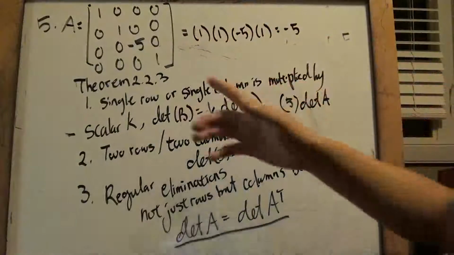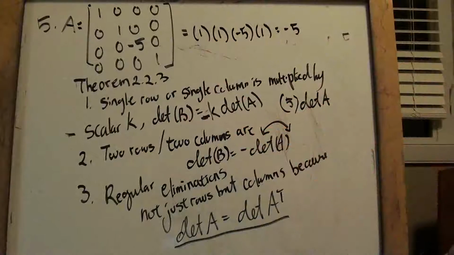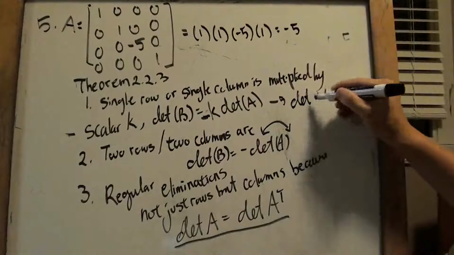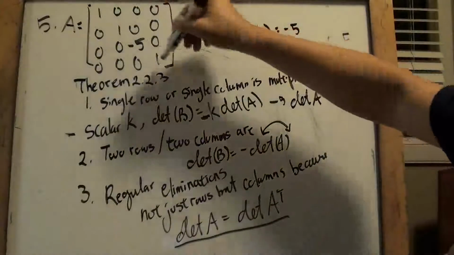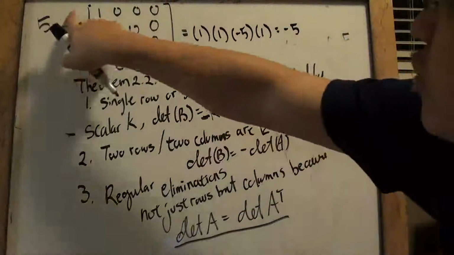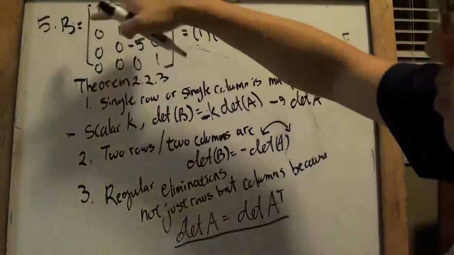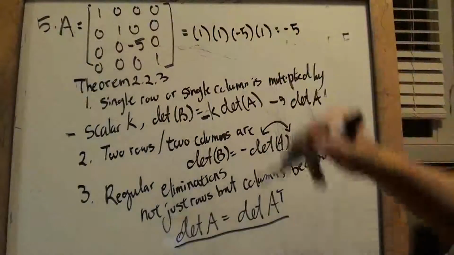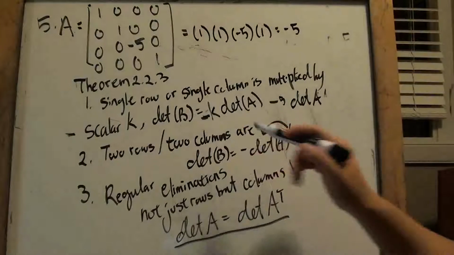That's what it's basically trying to say. So for that number 5 question particularly, it will be negative 5 det A, and the original det A will be 1, 1, 1, 1. In this case we should call this B, because there's a transformation. I'm just trying to show you what the rules really say. So that's the idea.